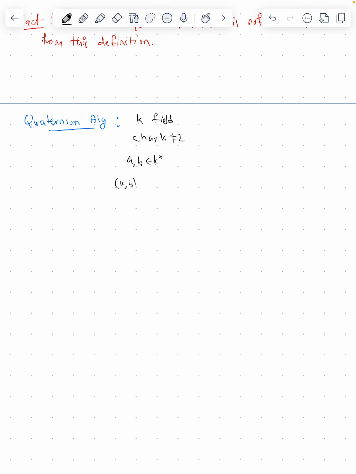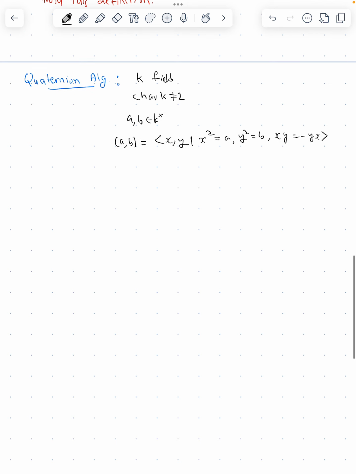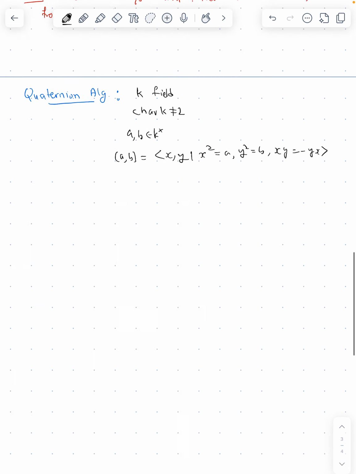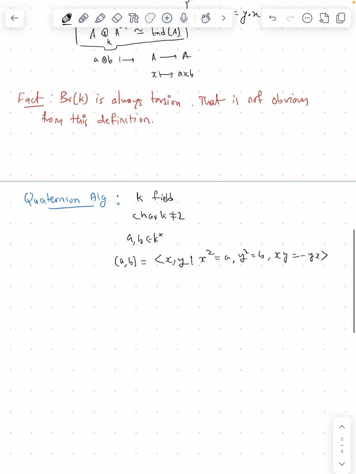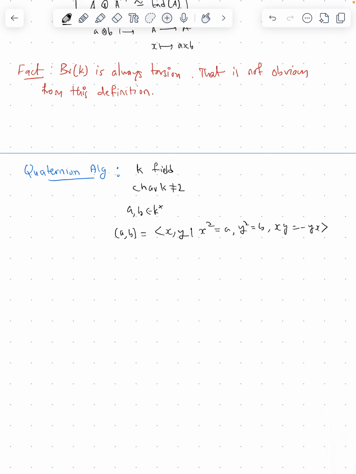You define the algebra generated by x, y such that x square is a, y square is b, and xy is minus yx. You can show it's a central simple algebra. And we say that a central simple algebra that is isomorphic to a matrix algebra is split.